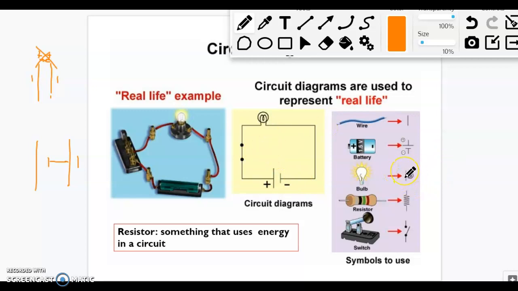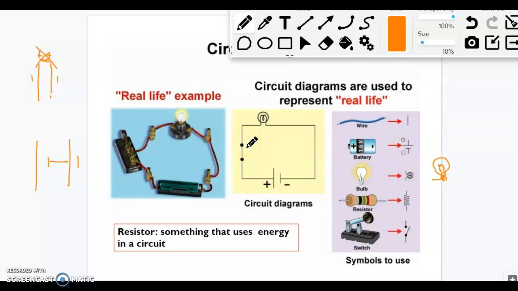Drawing light bulbs, it almost looks like a light bulb, but it doesn't have to be like a detailed picture. Like we're not drawing out a light bulb and those little things down here and then this stuff. It's really just a couple curvy lines and then a circle around it. A resistor has this zigzag, and a switch has two dots and then a line between them. And a switch can be drawn either open or closed.